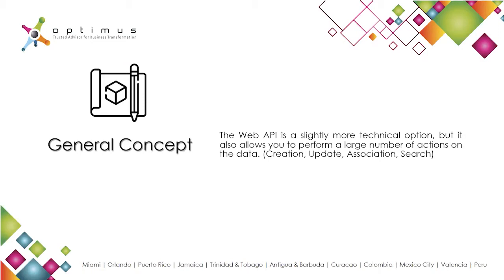That's the basic one. Something important that you have to keep in mind is the capacity of requests that the CRM is going to be receiving. It's not only in the API, it's how CRM works in general. The CRM has a capacity of requests that it can receive simultaneously.